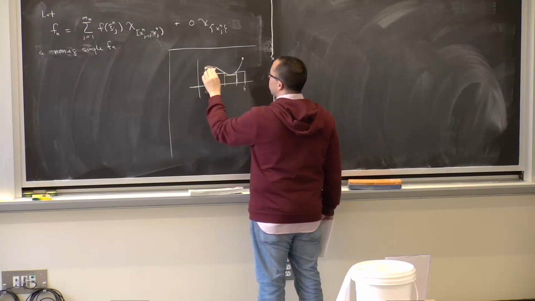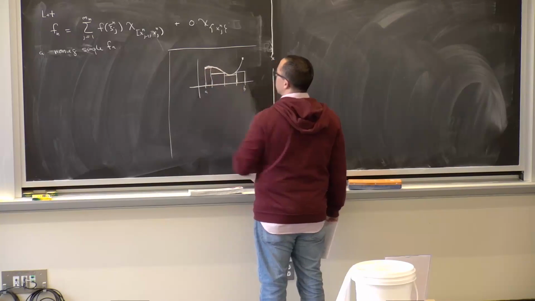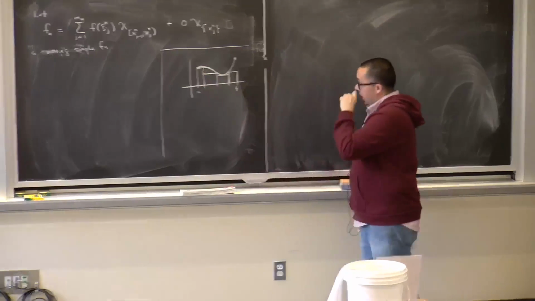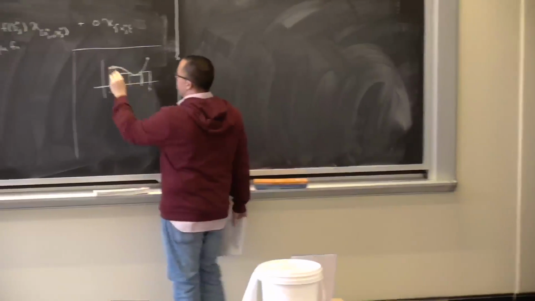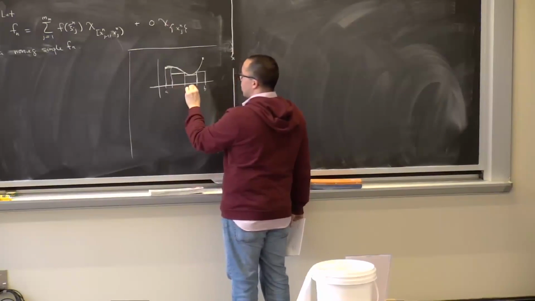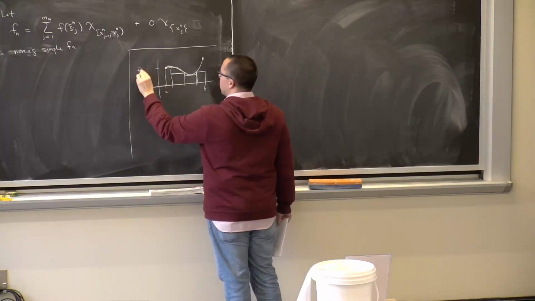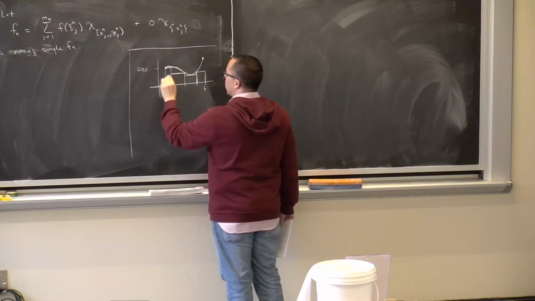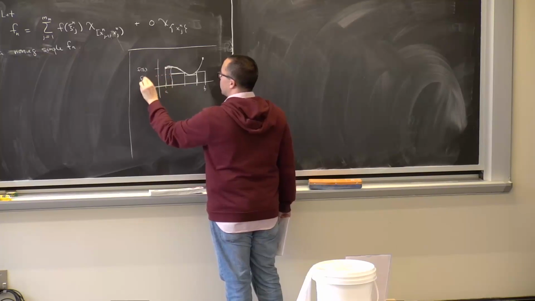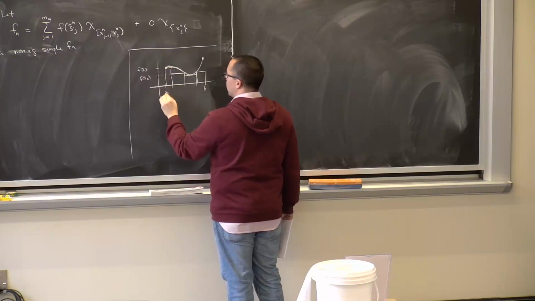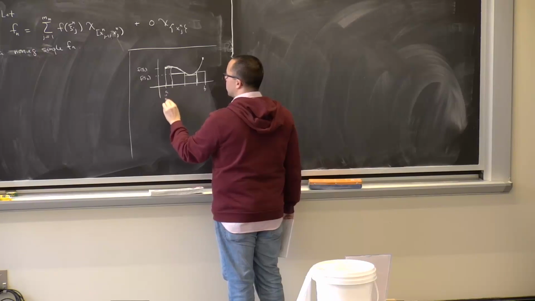And I'm choosing the heights to be the minimum of f on each of these intervals, right? So this is f of xc1, if you like, f of xc2, right? And at least for this picture, this is xc1.